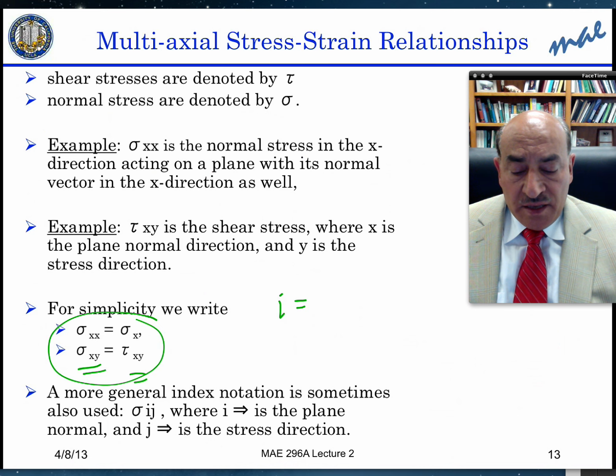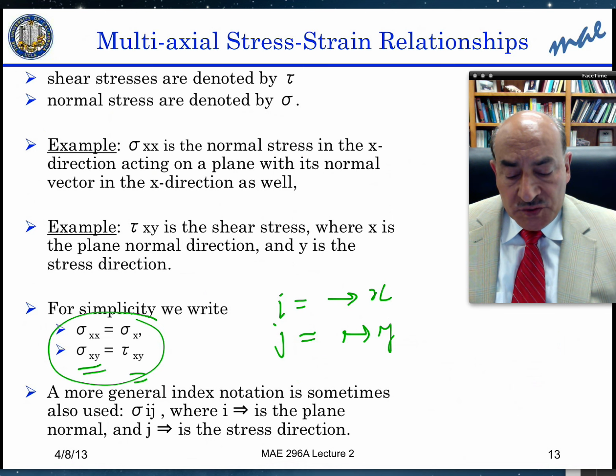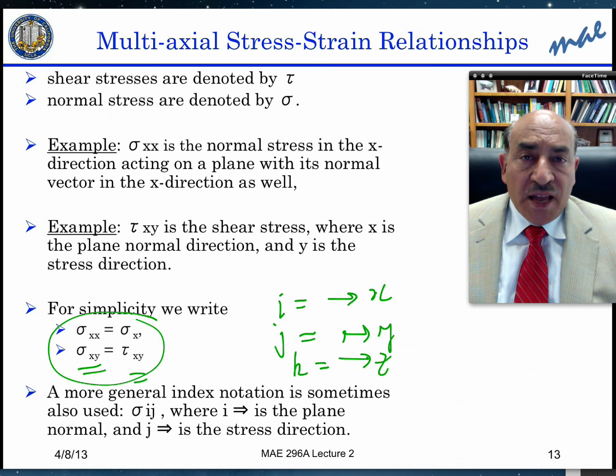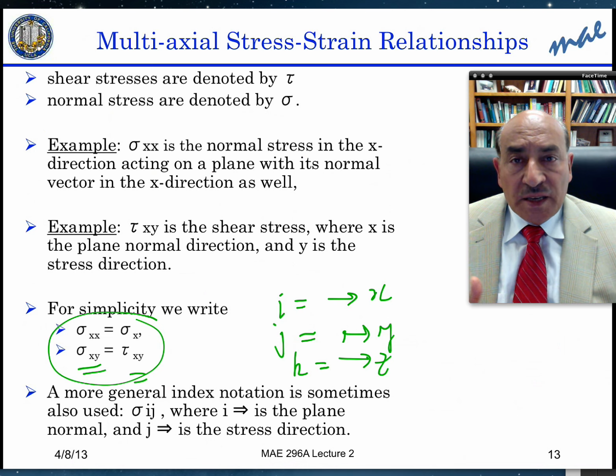If we take i to indicate the x direction, j to indicate the y direction, and k to indicate the z direction, then instead of x, y, z, we can use i, j, k as indications of the axes that we are concerned with.